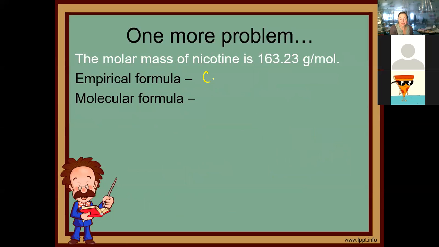Molecular formula. So C5H7N1 is what we just found. That's the empirical formula. We're told that the molar mass is 163.23 grams per mole. So how can I use that information and the empirical formula that I just found to figure out the molecular formula? What should I do?